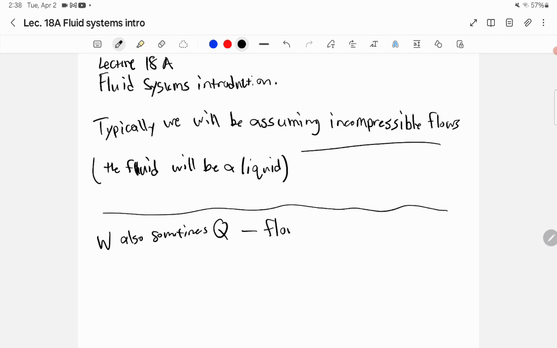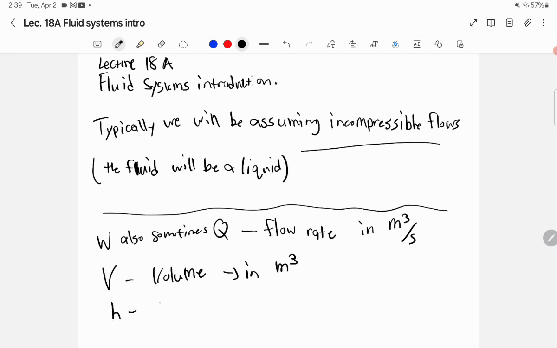In fact, I would say probably most of the time it's written as Q, but your book, for whatever reason, chose W. And typically we measure the flow rate in cubic meters per second. The volume, which is going to be a capital V. This is going to be measured in cubic meters.